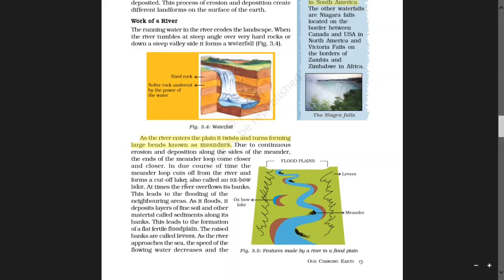At times, the river overflows its banks. At times, what happens? The river overflows its sides. This leads to the flooding of the neighboring areas, the surrounding or nearby areas.